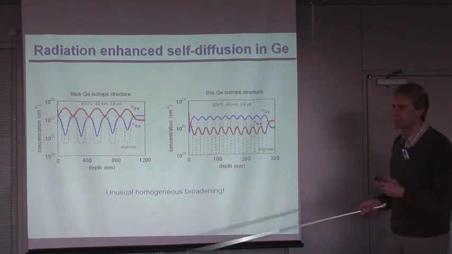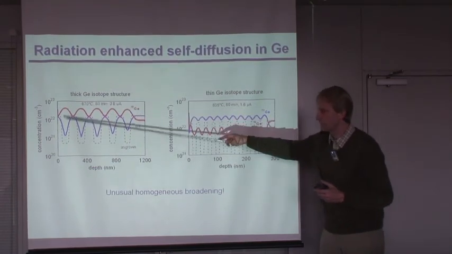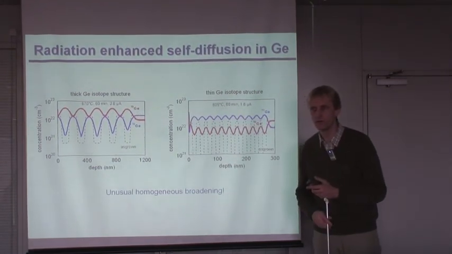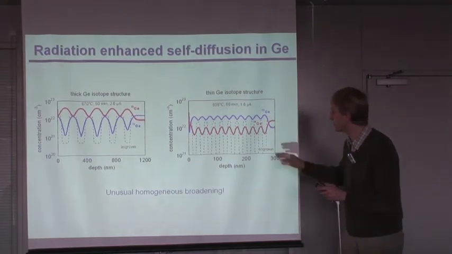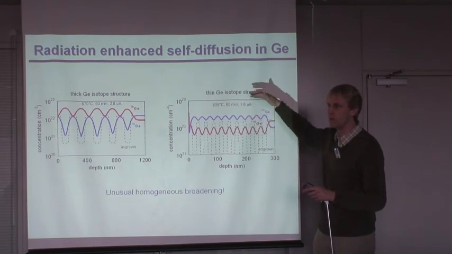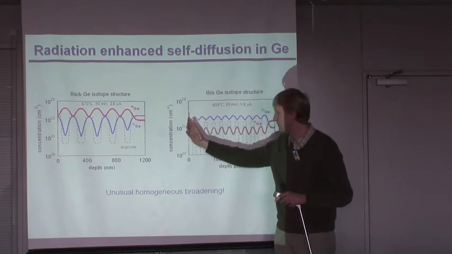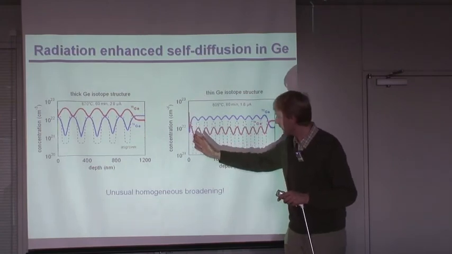This was really unexpected because, as you know, a surface acts as a sink for vacancies or native defects. So you create the native defects inside to a concentration well above the thermal equilibrium concentration. Of course, at the surface, you establish the equilibrium concentration.